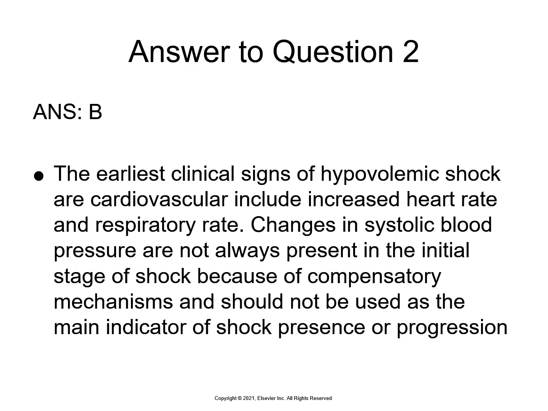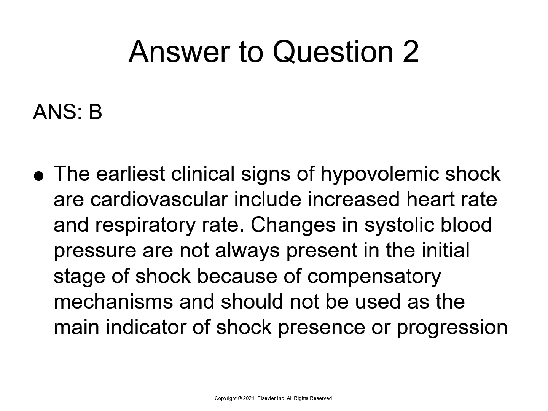The earliest clinical signs of hypovolemic shock are cardiovascular, which includes an increased heart rate and respiratory rate. So you would have an increase in the respiratory rate and an increased heart rate. So your answer here is B. The reason that it goes up is to keep the blood pressure up.